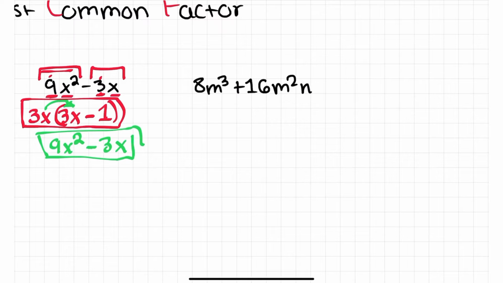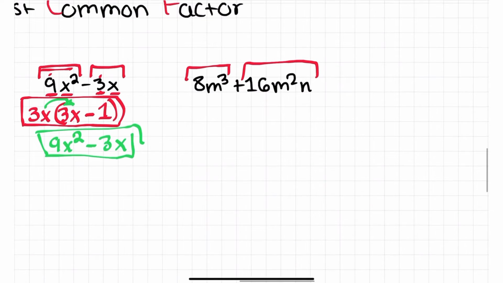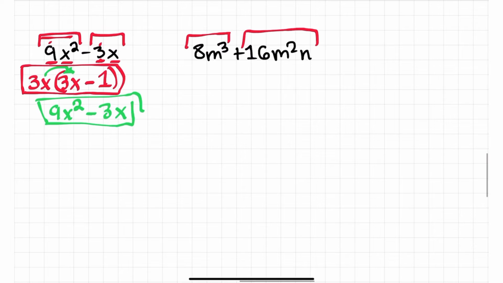8m to the third power plus 16m to the second power and an n. Let's see what these terms have in common. Terms are usually separated by a sign, which is a plus or a minus, just in case you were wondering. 8 and 16 have a common factor, which is 8.